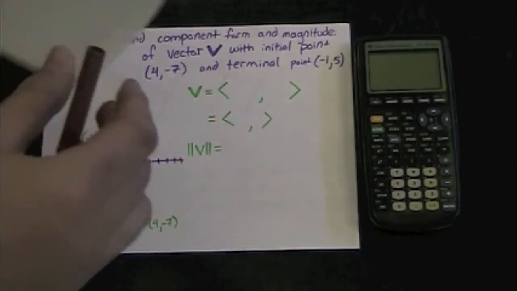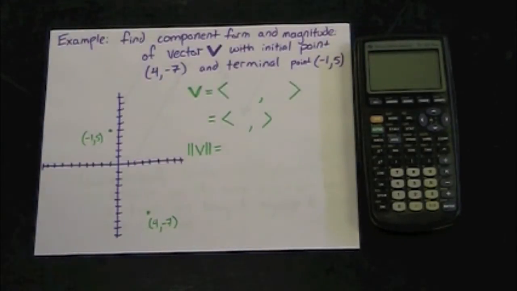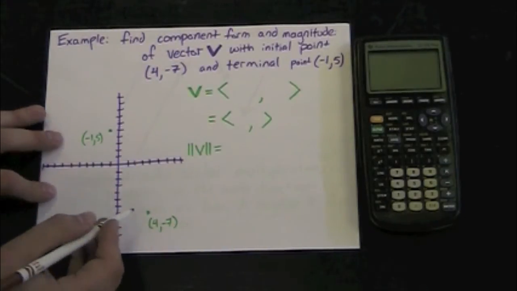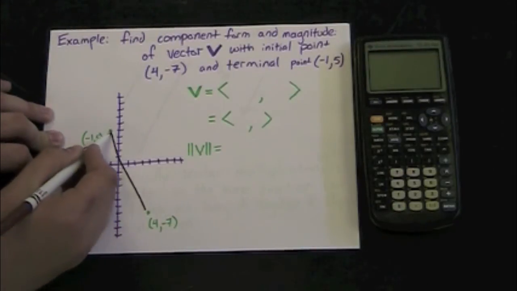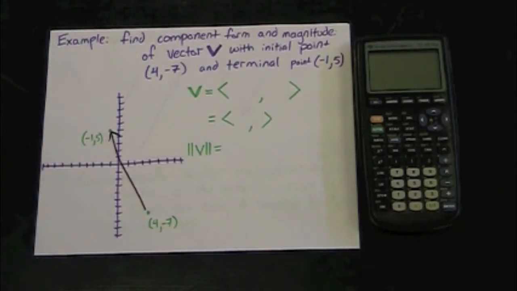As an example, if we're trying to find the component form and magnitude of vector v with initial point 4, 7 and terminal point, that means the end, of negative 1, 5. So our vector is going to be going in this direction. We're trying to find the components for this and the magnitude for this.